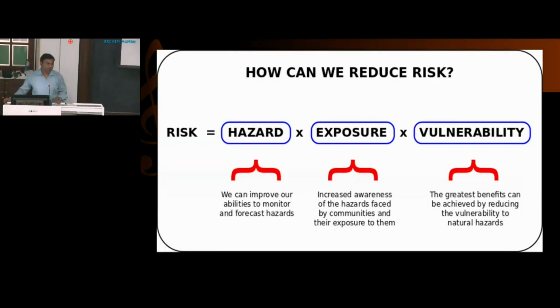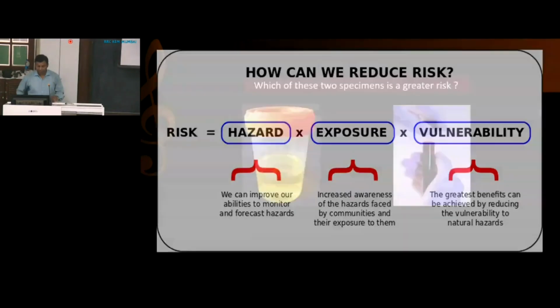There are so many vulnerable states who need to be protected from the hazards. So give that due consideration. Risk will be hazard into exposure into vulnerability. Especially this happens with employees, because after some years some of them develop diabetes mellitus, etc. So even then you should keep this in mind.